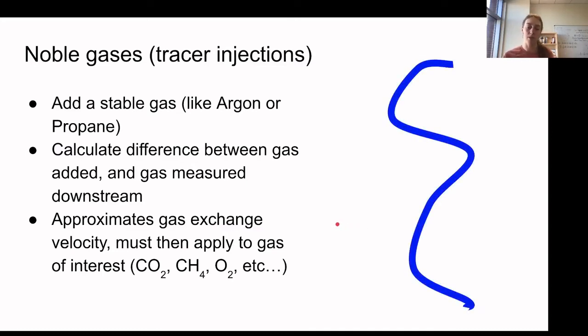Then you have to apply it to oxygen. So if this is our stream here, we'd put gas in at this point up here, we'd allow it to move downstream, and in theory some of it is going to exchange back out into the atmosphere.